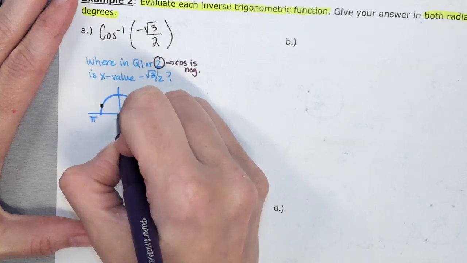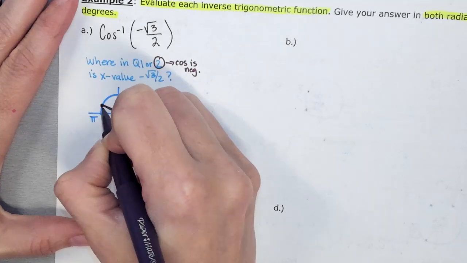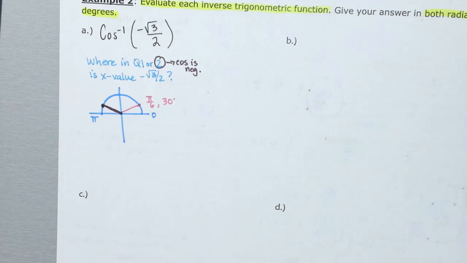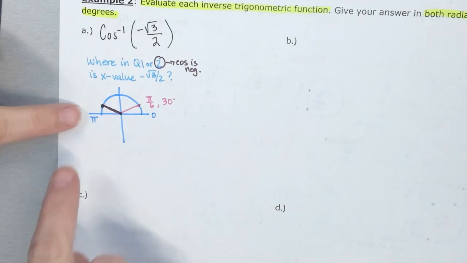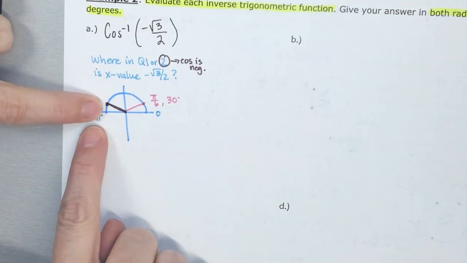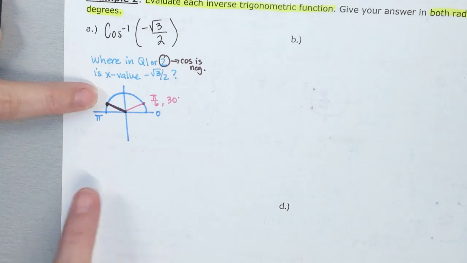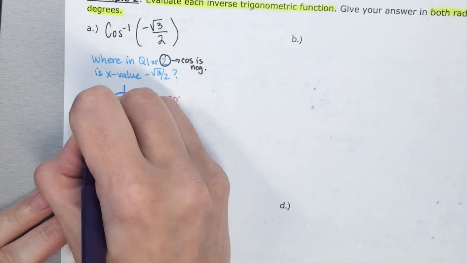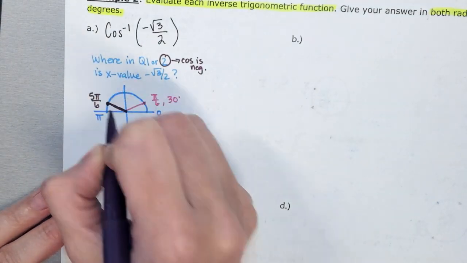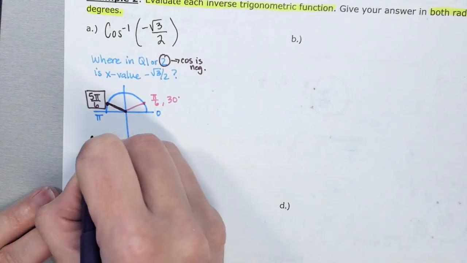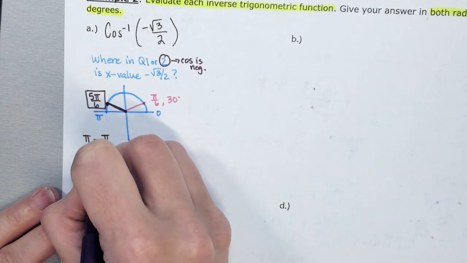So if I reflect this here, I have to find what that value is. You can either count by pi over 6 or use your reference angle. If this is pi and the distance is pi over 6, what's this going to be? Yeah, 5 pi over 6. It's just like we're doing pi minus pi over 6.